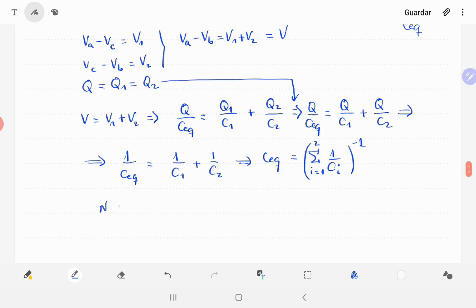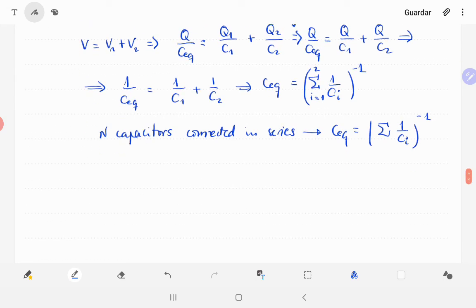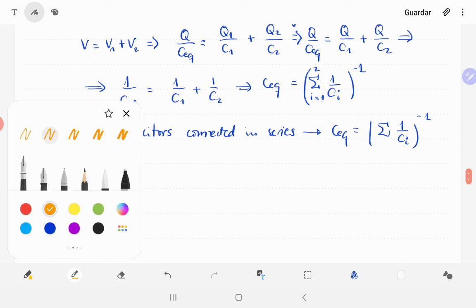So in this case, we put in just 1 up to 2, but if you had a set of n capacitors connected in series, the equivalent capacity would be equal to the addition of 1 over each capacitance, all the inverse of that. Okay, and what would it look like?